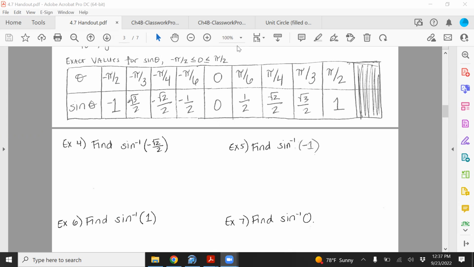Okay, so here's what we're going to do. This is input and output.